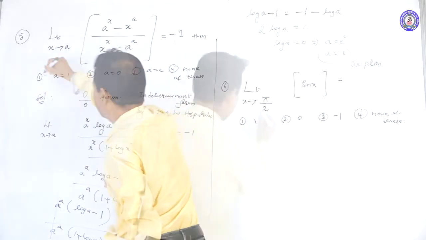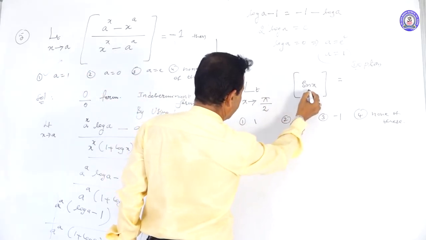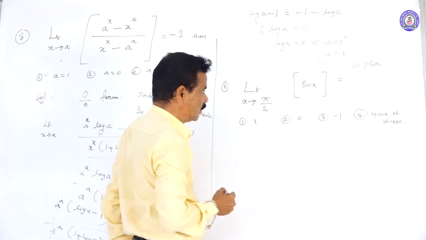First option: here x tends to 5π/2, the step function of sin x.